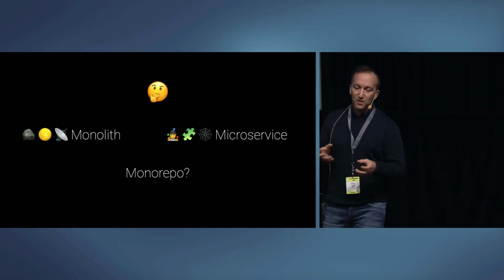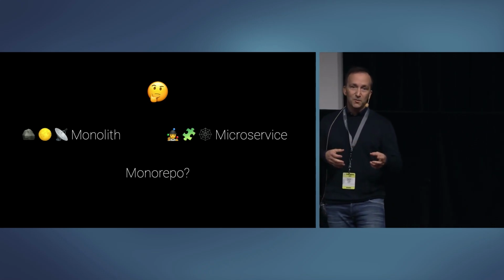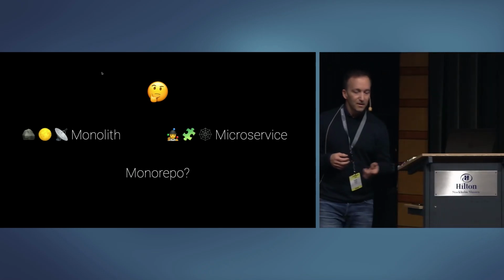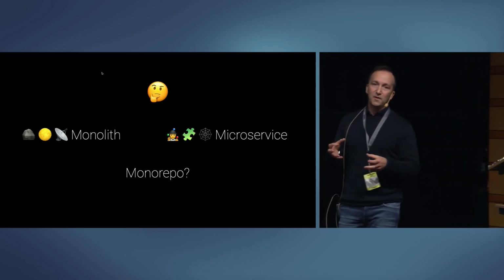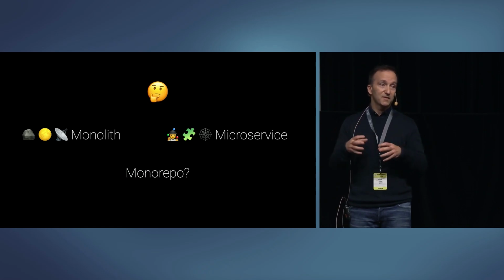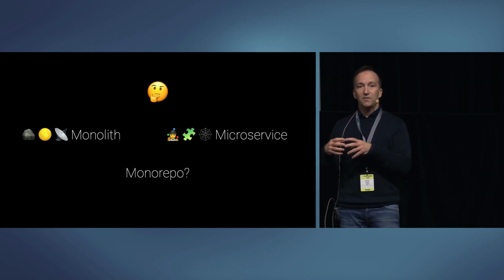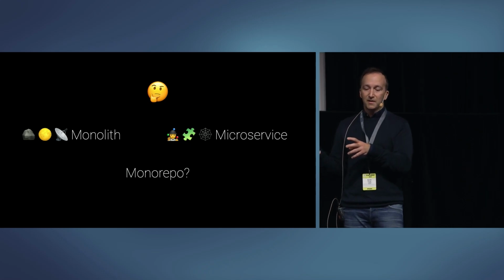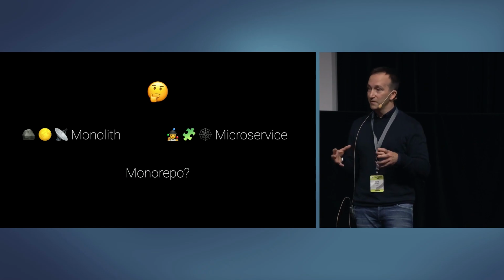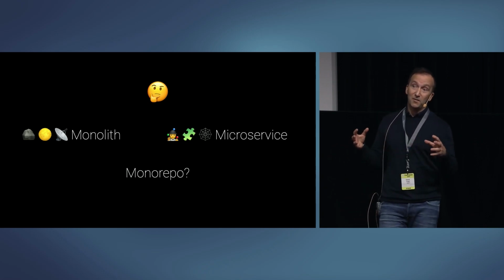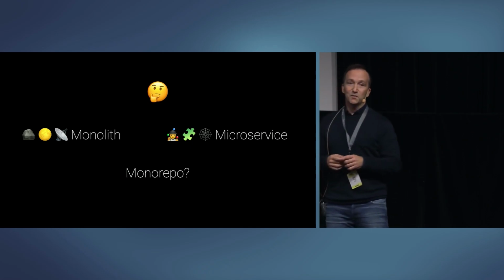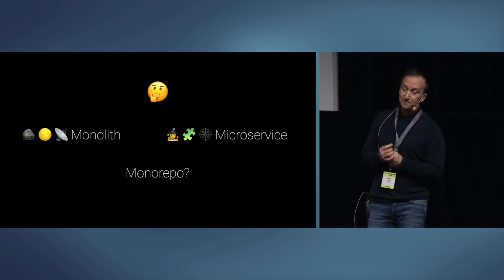So a monorepo, that's a repo, but a monorepo would probably mean having more than one thing that you deploy somewhere in the same repo. So if you have a set of microservices in the same repository, then you would probably have a monorepo. So that's at least my view on these three different things.